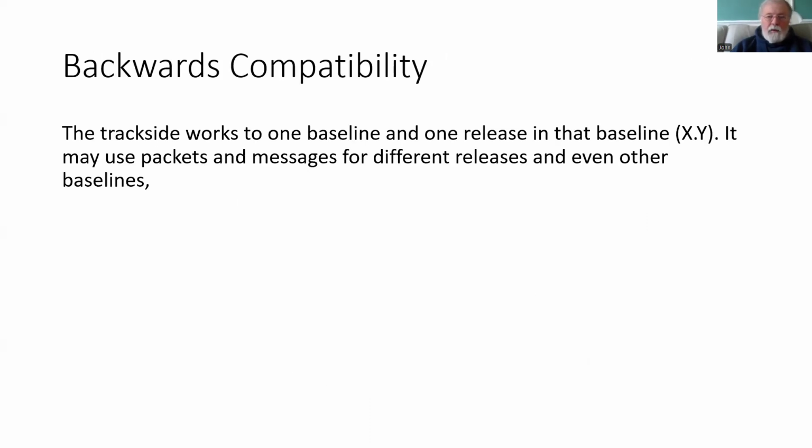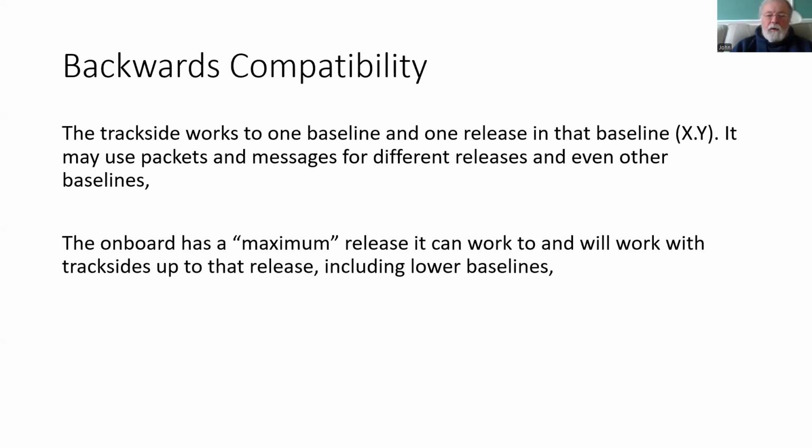So what is all this about backwards compatibility? Well, the first thing to remember is that the trackside works to one baseline and one release. However, just to confuse, it may use packets and messages for different releases, and even in some situations for different baselines. The onboard has a maximum release it can work to.